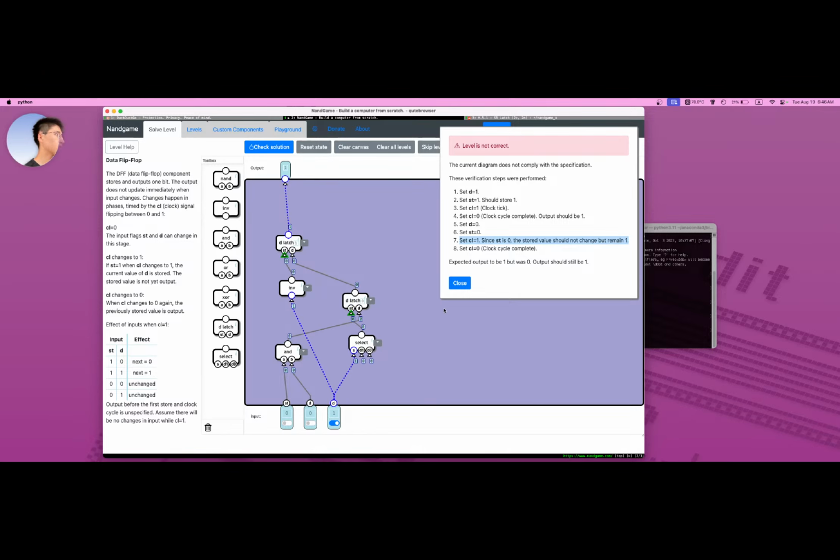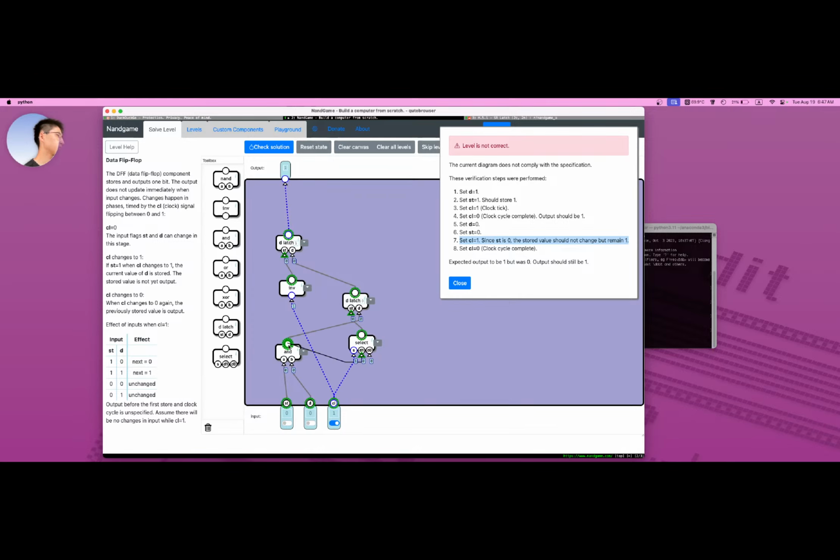Look, when clock is 1, we should ask from ST, from these guys.